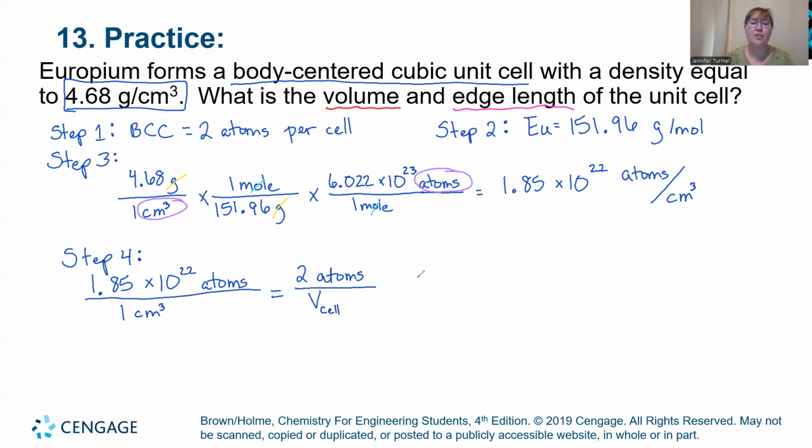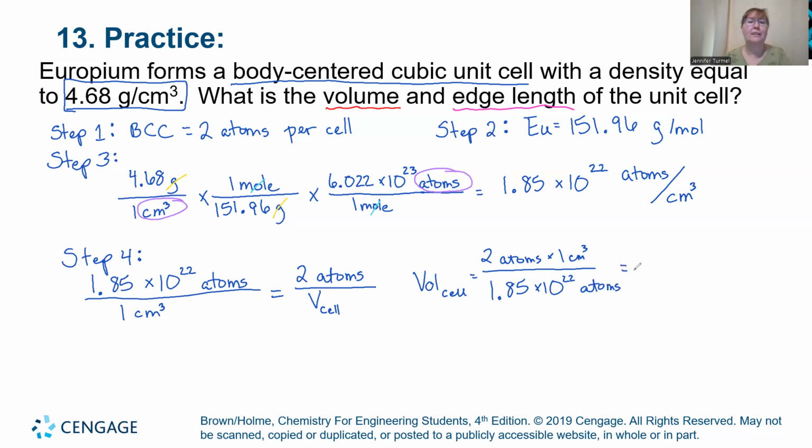Now to solve for that, we cross multiply, and we have that the volume of our cell then is equal to 2 atoms times 1 centimeter cubed divided by 1.85 times 10 to the 22 atoms.